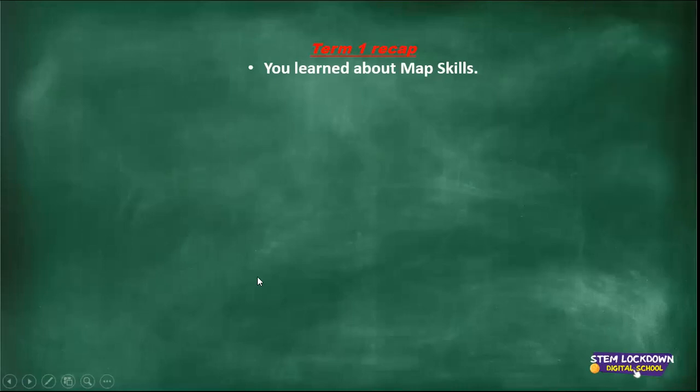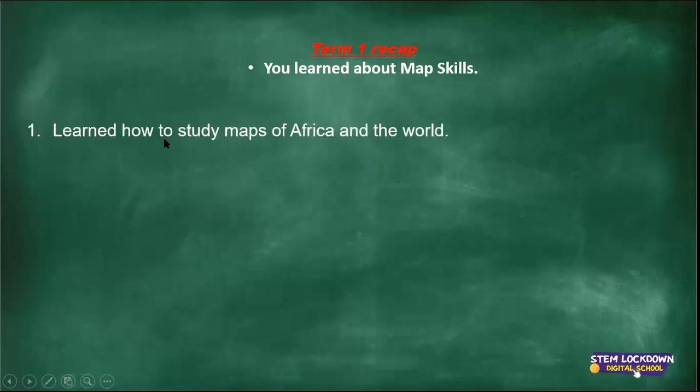Okay, before moving to our topic today, I want us to do a little bit of a recap of what we did in term 1, so that you can safely move to term 2's topic without any distraction. So in term 1, you learned about how to study the map of Africa and the world.